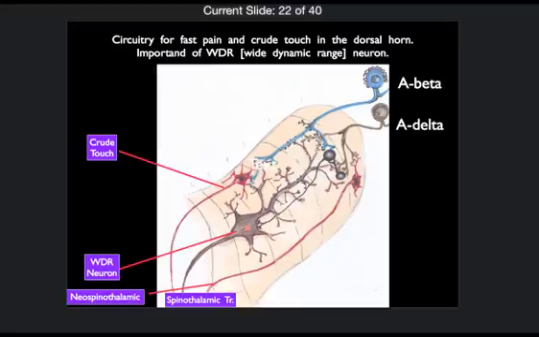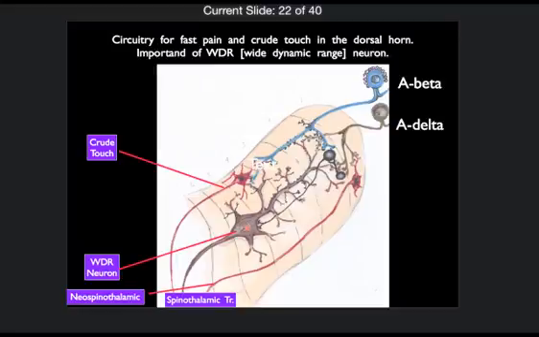The descending tracts could come down to this in lamina 1 and contribute to the spinothalamic, and crude touch from the A beta synapse, and those are in 4 and 5.